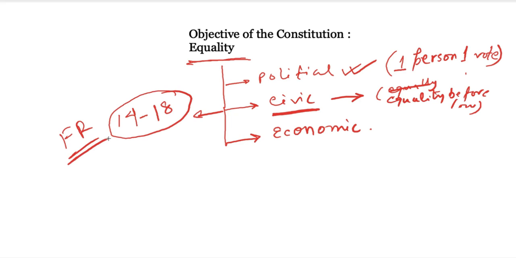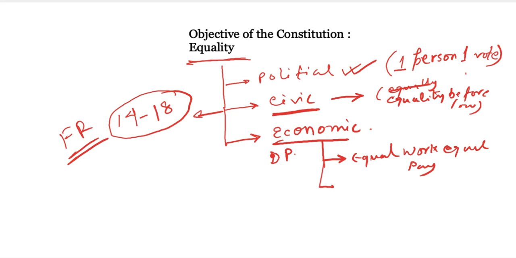They preach about civic equality. Economic equality, in directive principles, says equal work, equal pay. Men and women should get the same remuneration. That is economic equality.